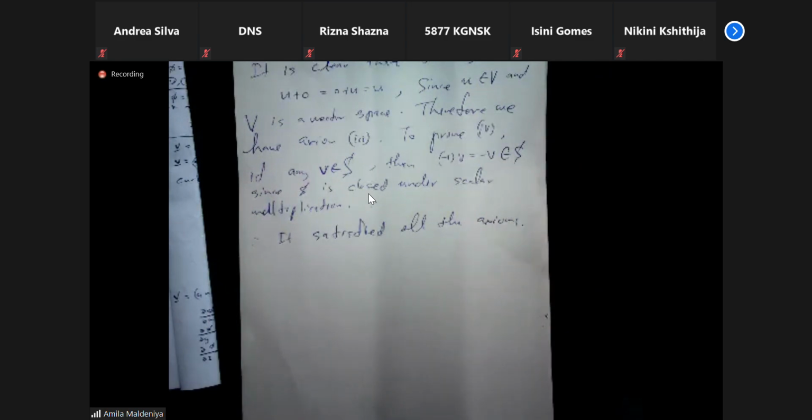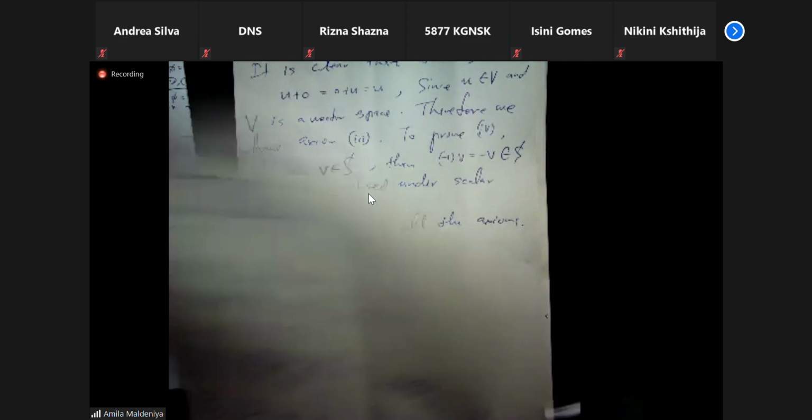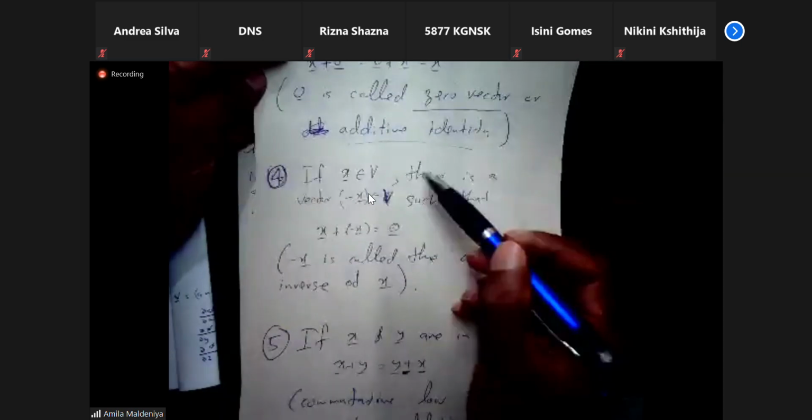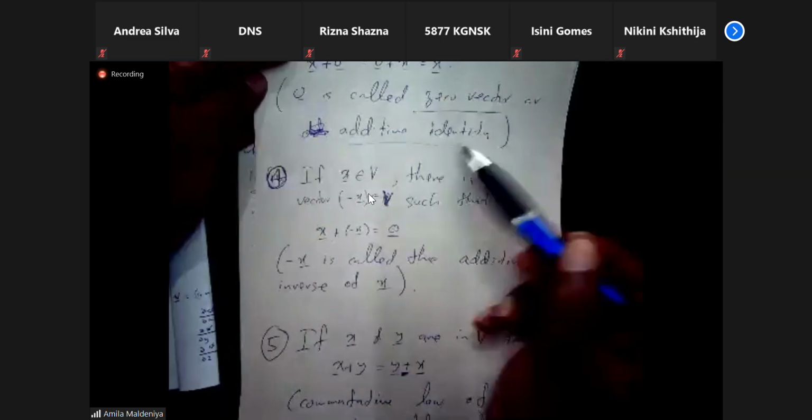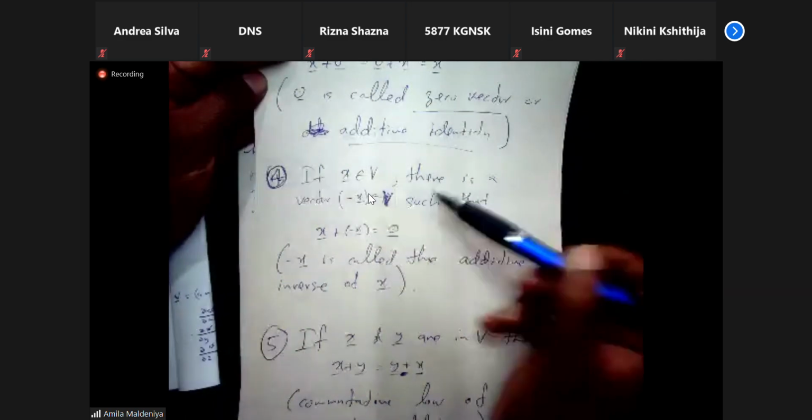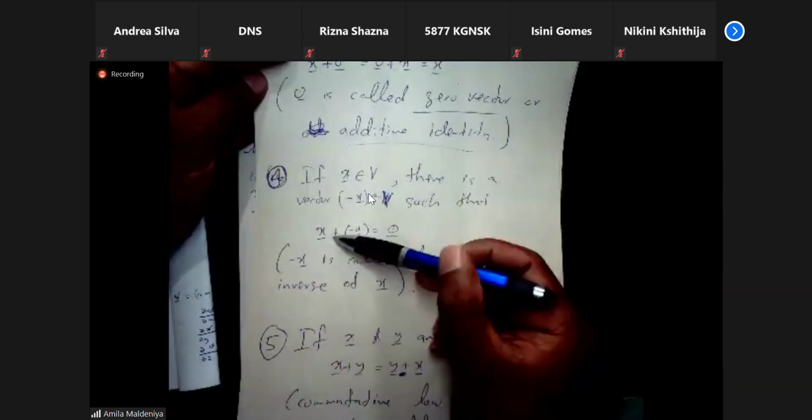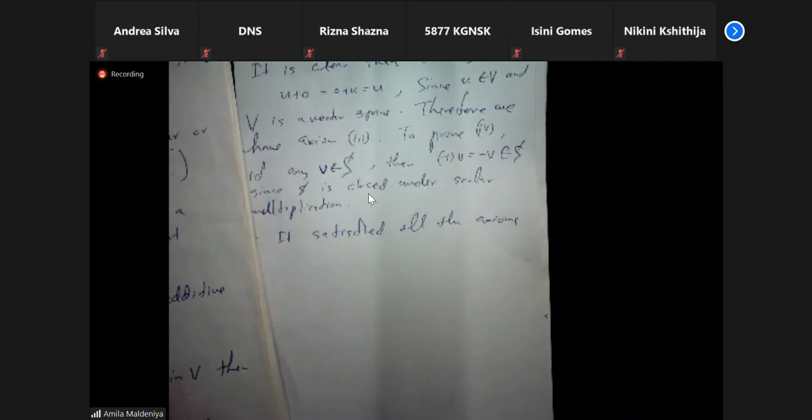Now the fourth one: for any x, negative x is also in V, and x plus negative x equals 0.